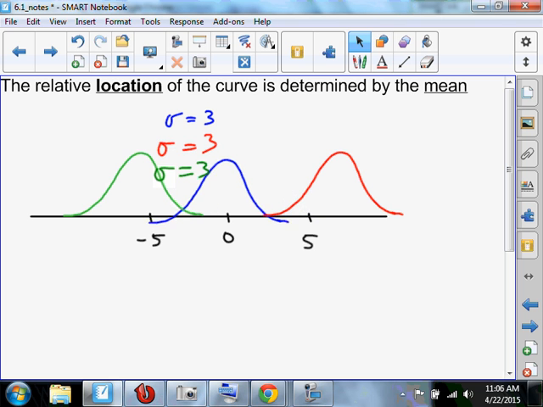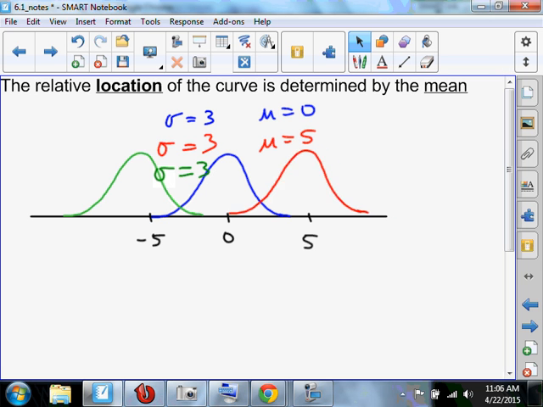So if the blue one has a mean of 0, it would be located right there. If the red one had a mean of 5, it would be located right there. And if the green one had a mean of -5, then it would be located right there. Does that make a little bit of sense?